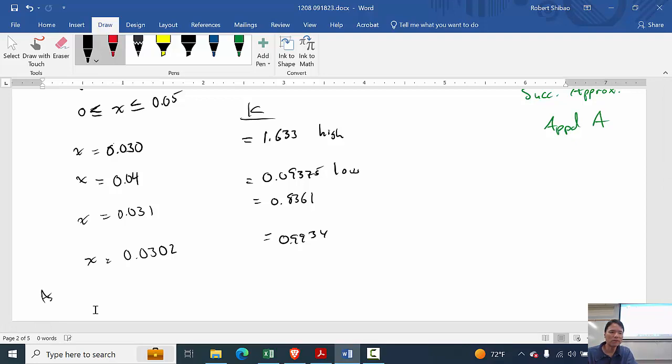But let me just do a quick side calculation here. What if x is equal to 0.02? What would my k be? I just want to see how it's ramping up and how far to go, what the trend is here. So I'm going to go with 0.02 times 2 is 0.04. It gives us 0.06 squared times 0.08 divided by 4 divided by 0.02 cubed. I get a k value of 9.